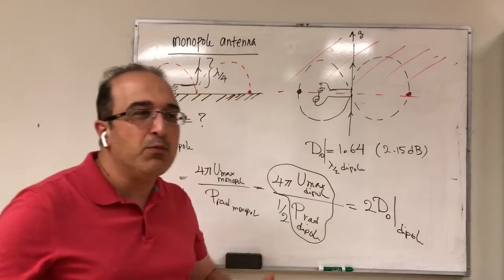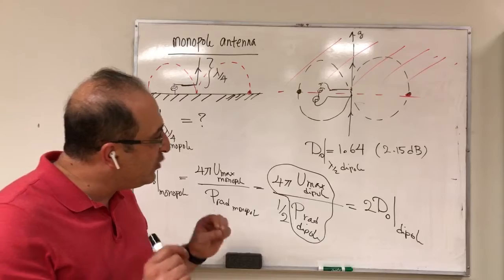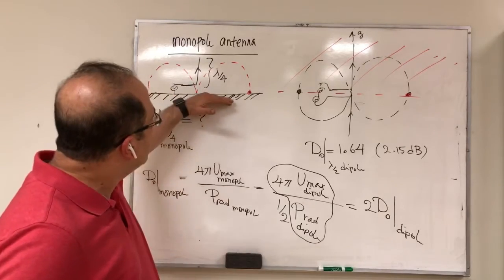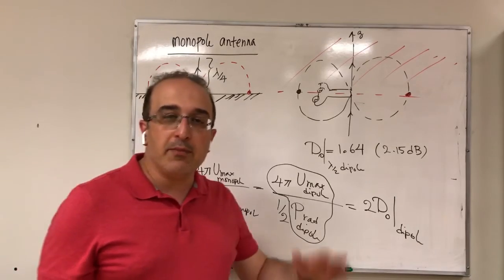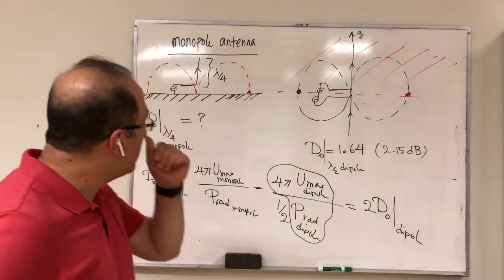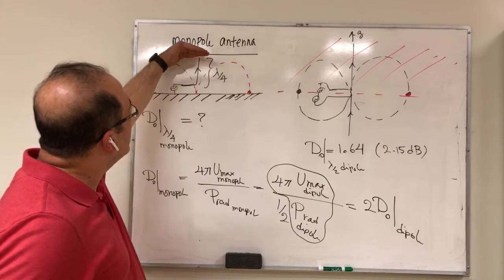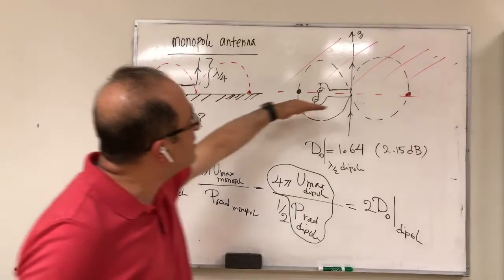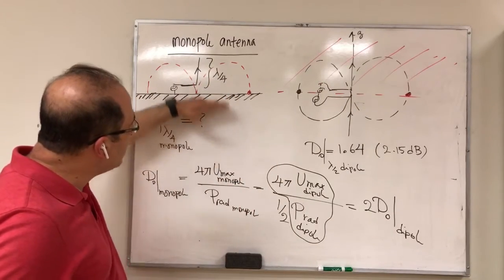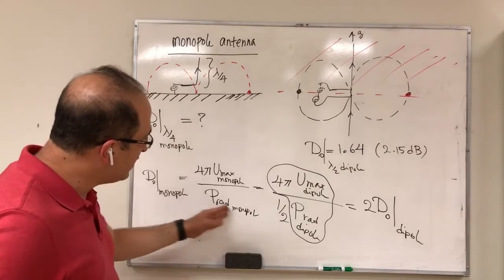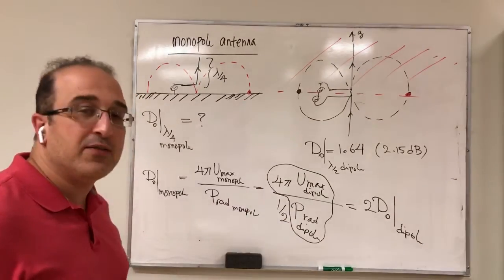Not because it's more directive, I mean, it is more directive, but know the reason. The reason is we assume that there is no radiation in the bottom half space. The size of the pattern in the top half space is the same as for the dipole in the top half space, but here you assume no radiation, so essentially in terms of P rad you were less, and that helped the directivity value.